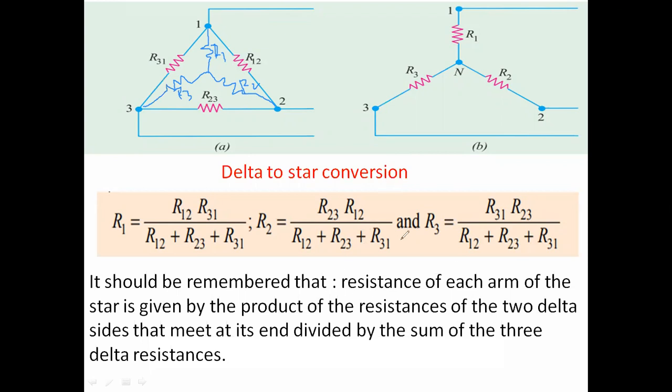To remember: the resistance of each arm of the star is given by the product of the resistances of the two adjacent delta sides, for example R12 and R31, divided by the sum of the three delta resistances.